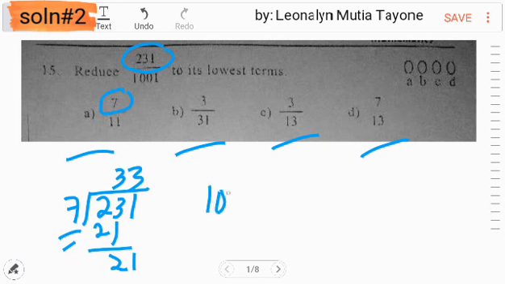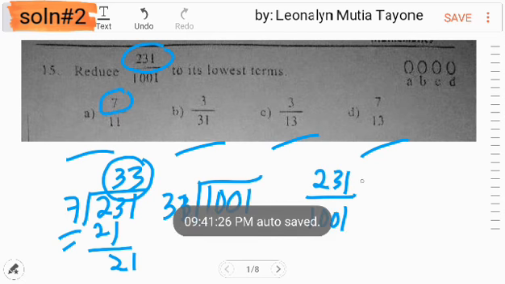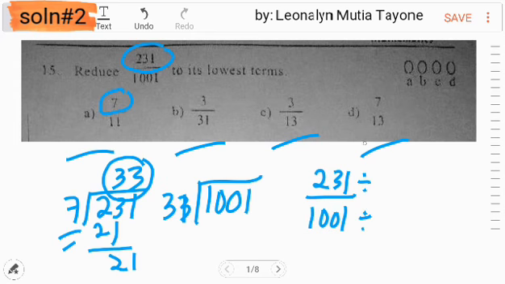Next, itong 33, yan yung gamitin nating pang-divide ni 1001. Bakit? Si 231 over 1001, baka malito kayo. I-divide natin both ng itong 33. Next, i-divide natin ng 33.